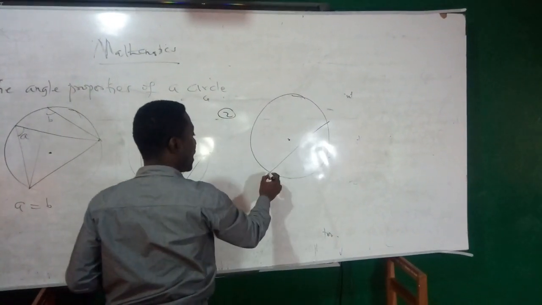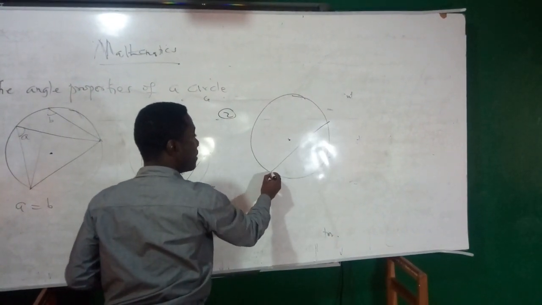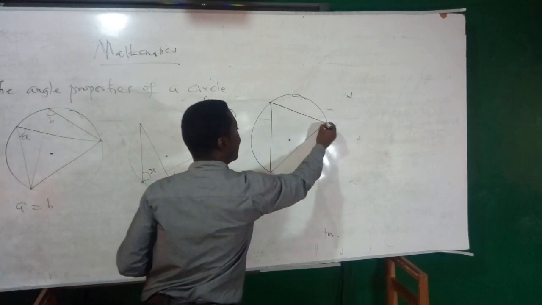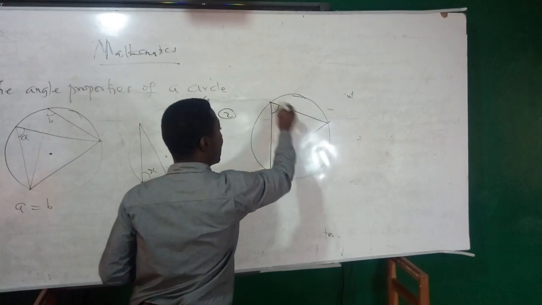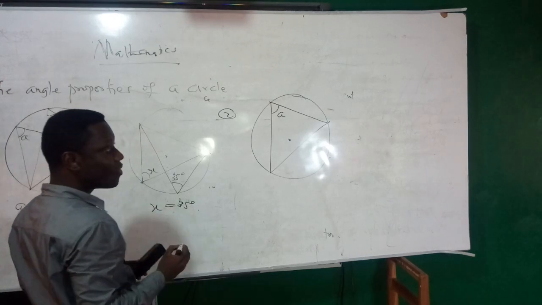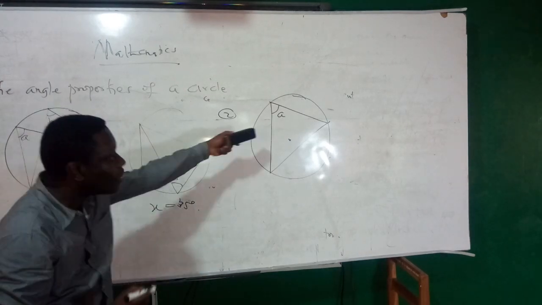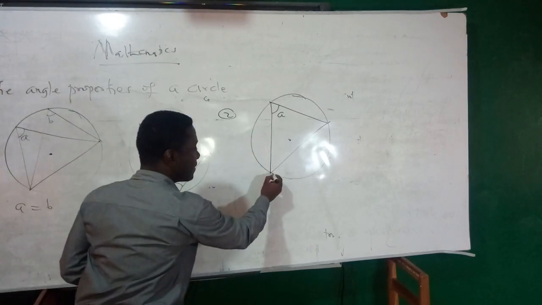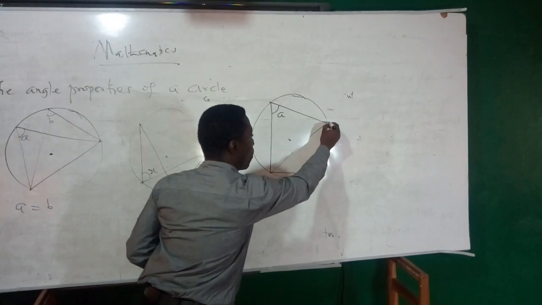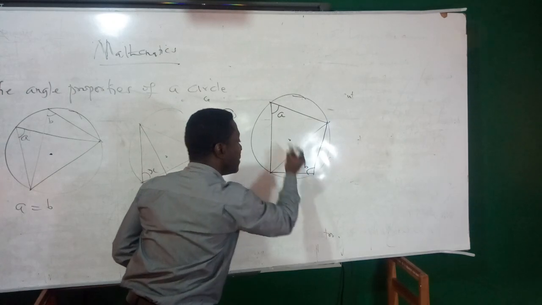I'm going to have this chord forming, for example, an angle here. Let me call this A. And then the ends of this same chord is also forming another angle, but this time not in this segment, but let's say in the other segment, or what we call the opposite segment. Let's say B here.